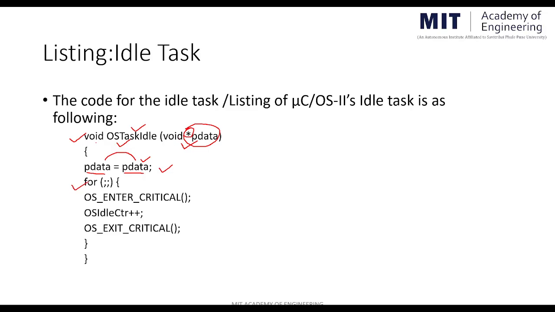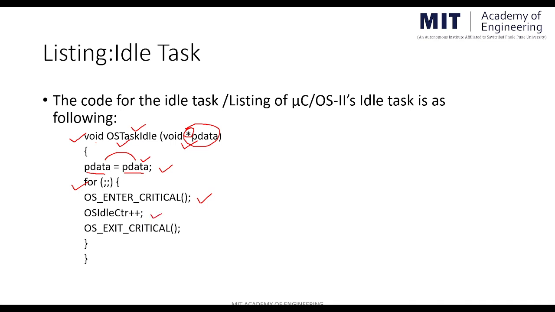Then this is a while loop. We have already seen that every task is an infinite loop. When such a task is ready and control is given by the CPU, it runs continuously. Again, we have seen that to enter into any task, we have to call the OS enter critical function, which disables all the interrupts.